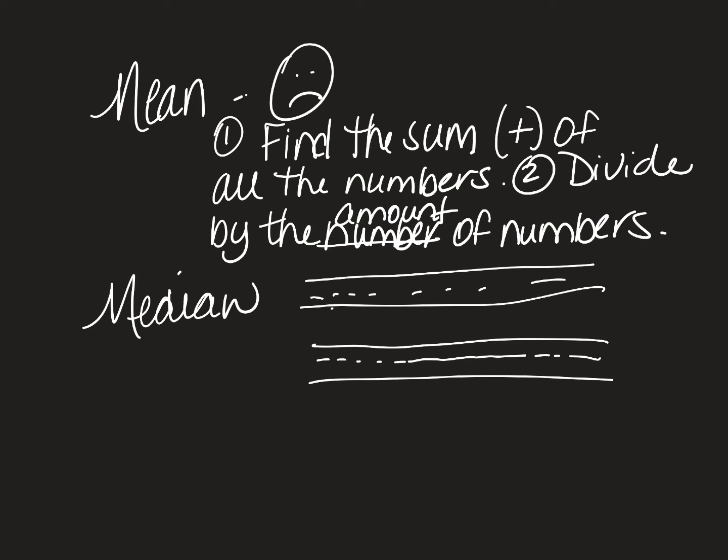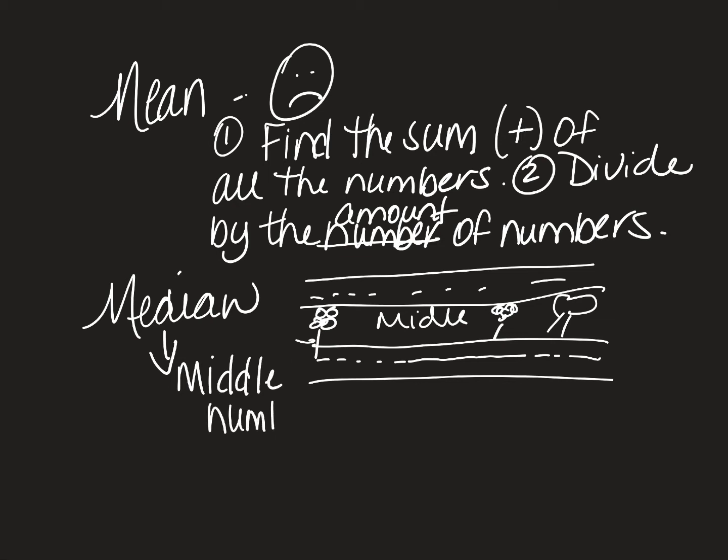So in here is the middle, and usually there's some trees, plant flowers right in the middle of the median. Anyway, so that is your median. So in other words, it is the middle number, right? Of course, to find this, you have to list the numbers from least to greatest. That's the very first thing that you always want to do when you're finding the mean, median, range, and mode.